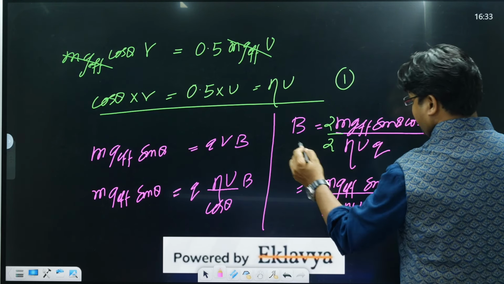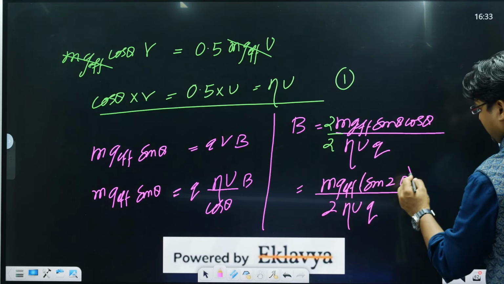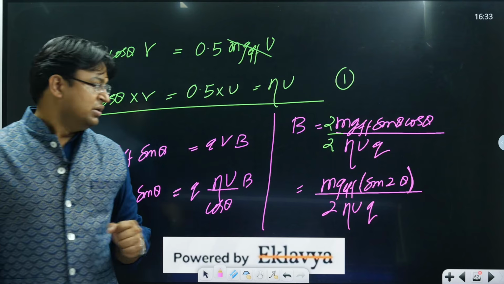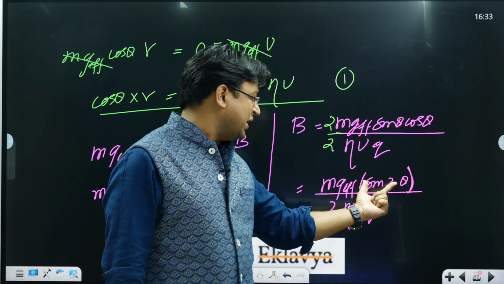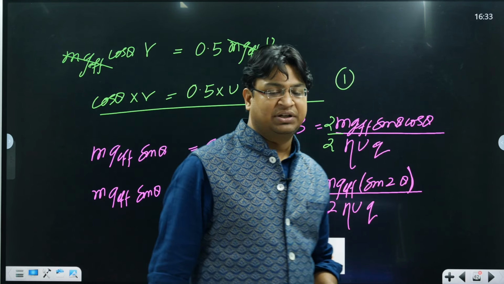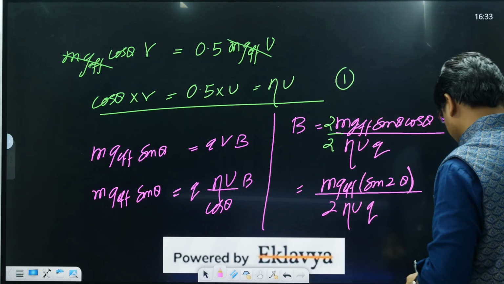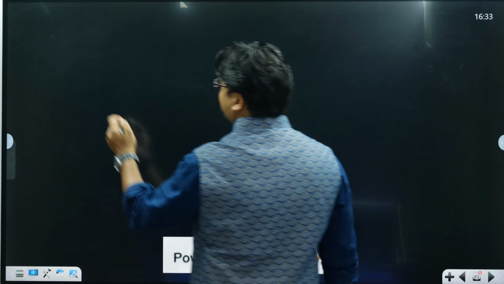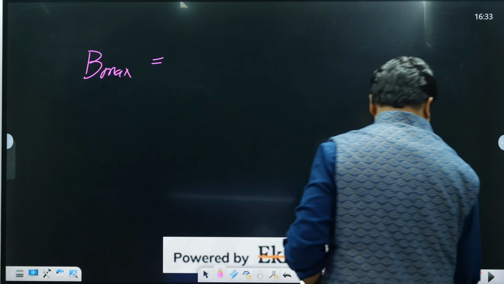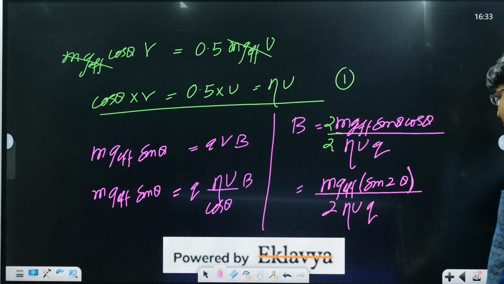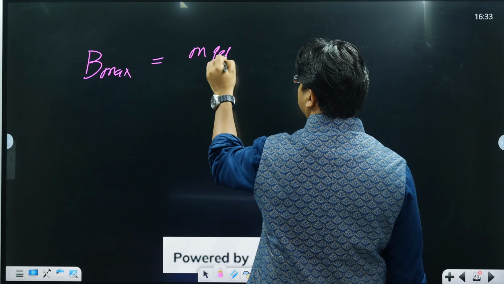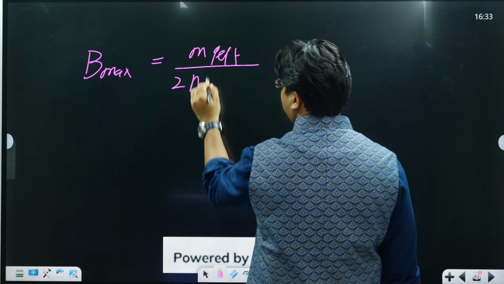Now you see that B is a function of theta, and we are looking for the maximum possible value of B. The sine 2 theta maximum can become 1, and that will happen when theta is 45 degrees. So B max corresponds to the situation when sine 2 theta becomes 1. So it is mg effective by 2 eta u q.